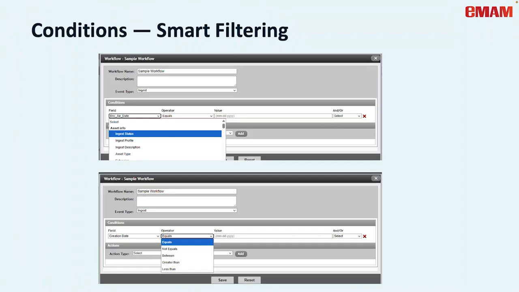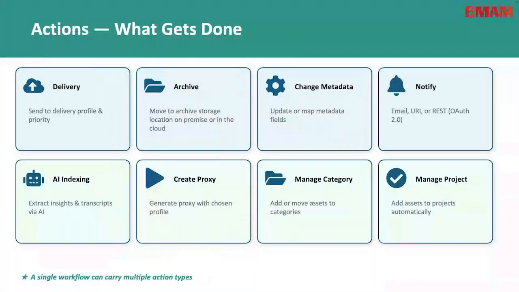But again, you can choose any one of those fields, ingest status, ingest profile, ingest description, asset types, and so on, and then have an operator based on that condition. So again, the event type happened, and then these are the conditions that have to be met before we go on to the action.